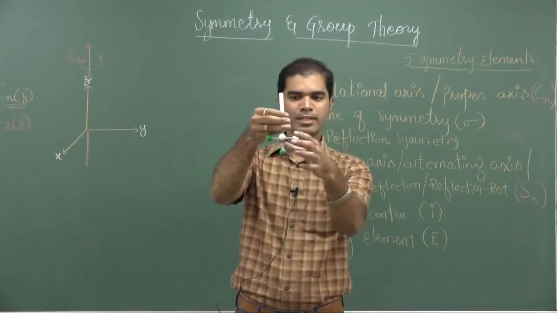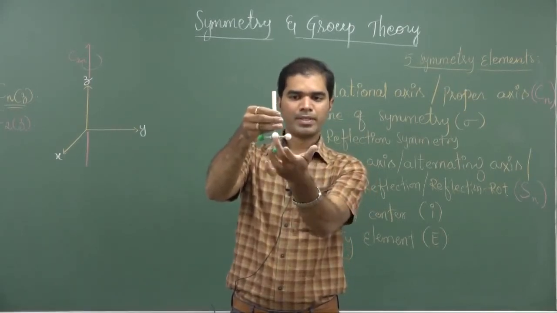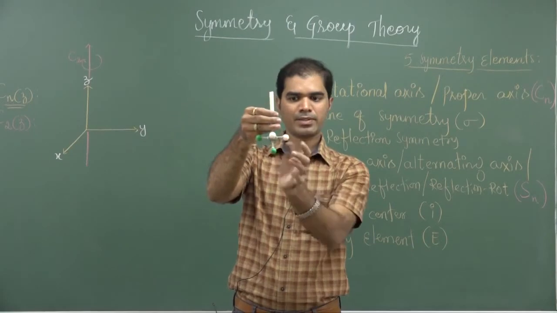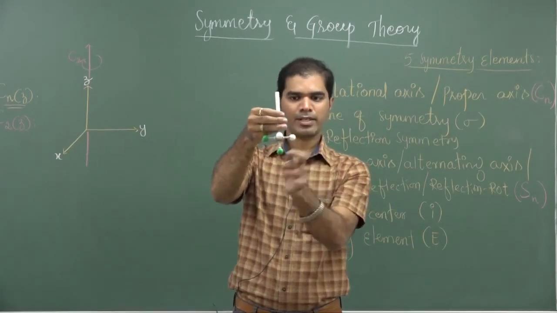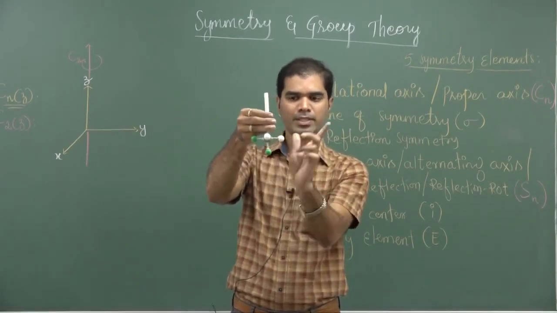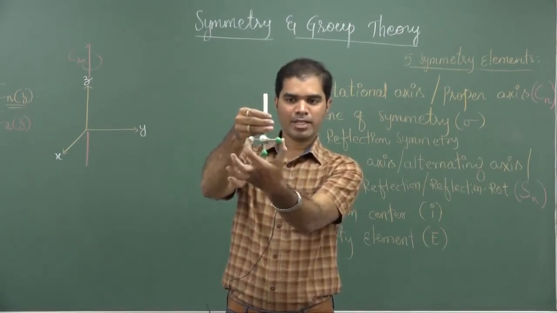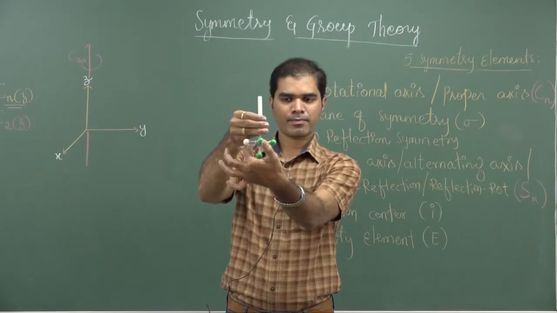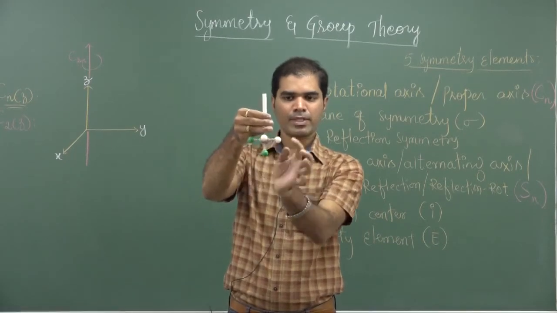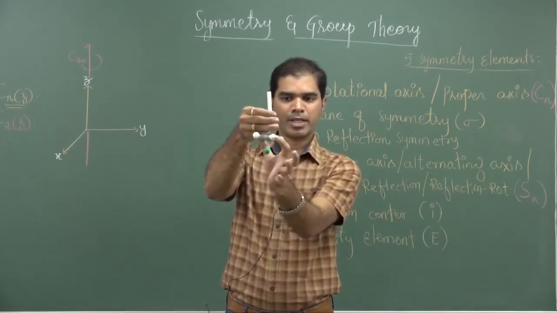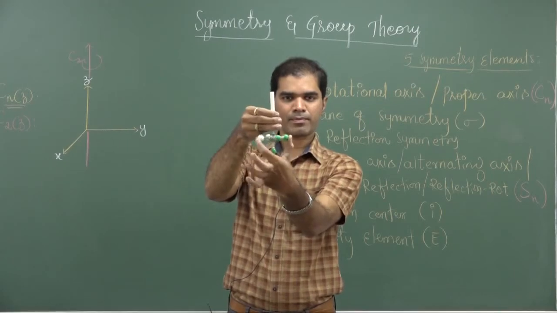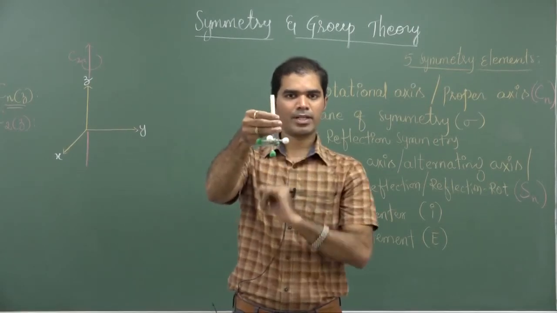Just imagine that this is x, minus x, y, minus y. Now this x is exchanging with minus x and this y is exchanging with minus y as I rotate by 180 degrees.